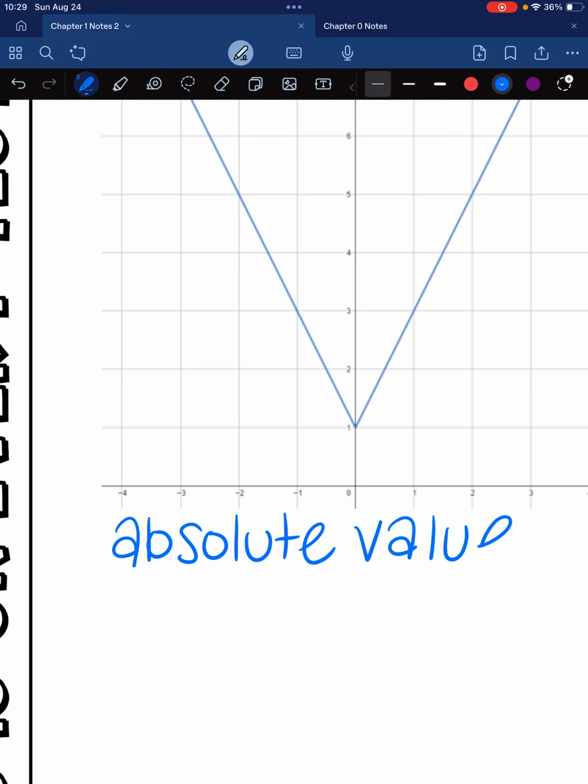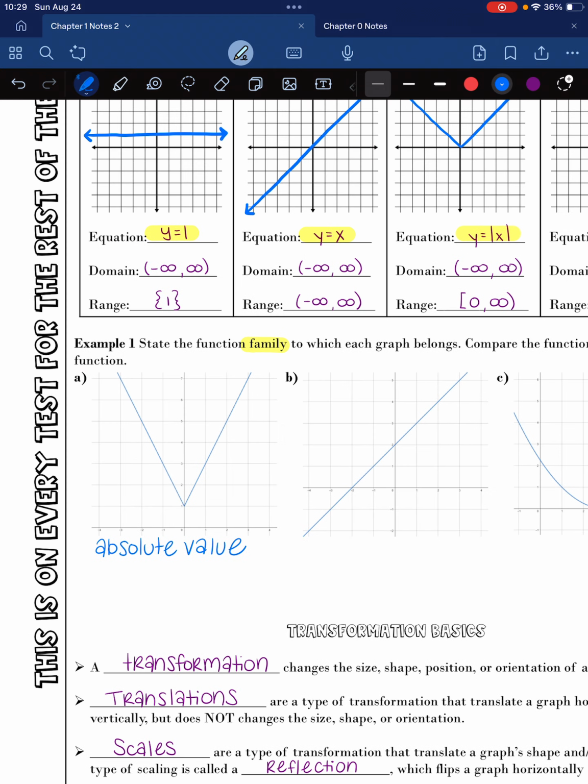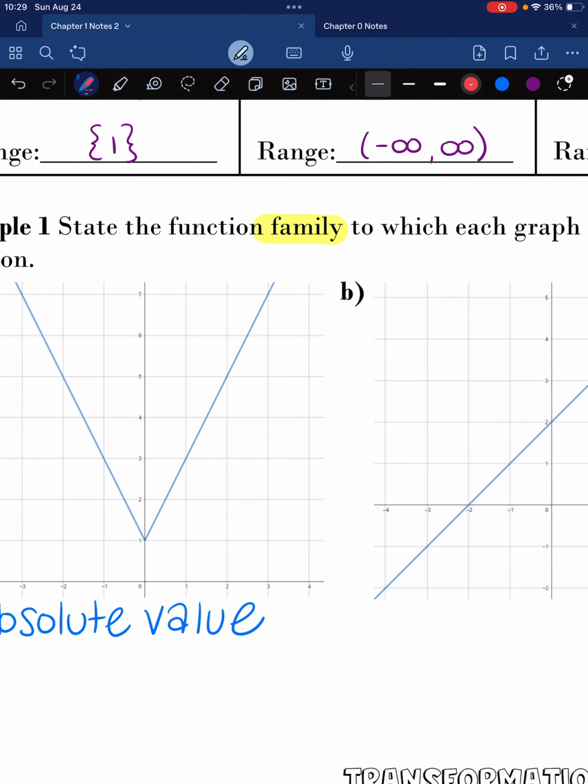But we need to decide, how does this graph look different than the regular absolute value function, or that parent function? So I'm going to go ahead and graph in red what that parent function looks like on this graph. That's not in the directions, but it's helpful for comparing.